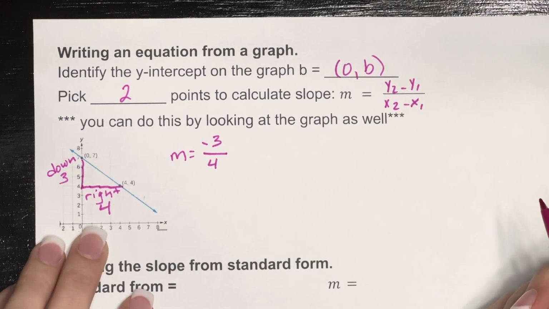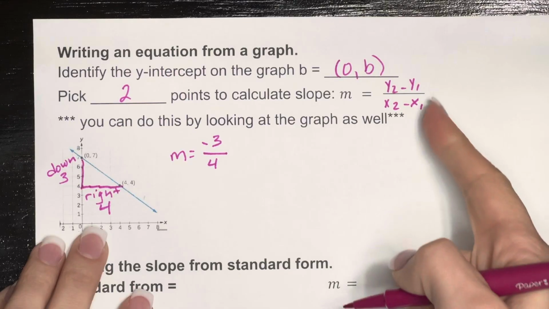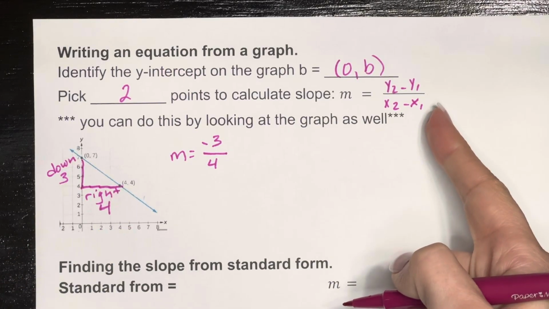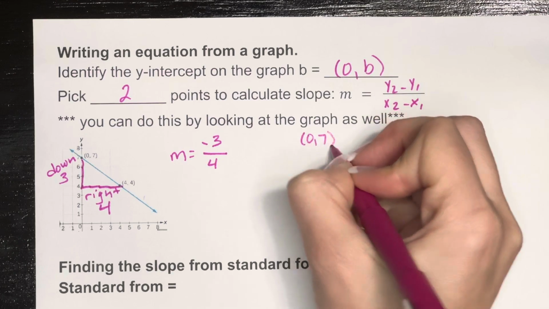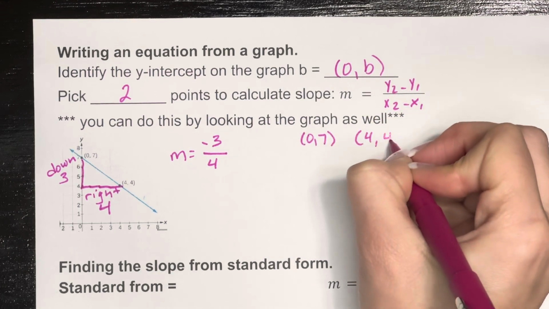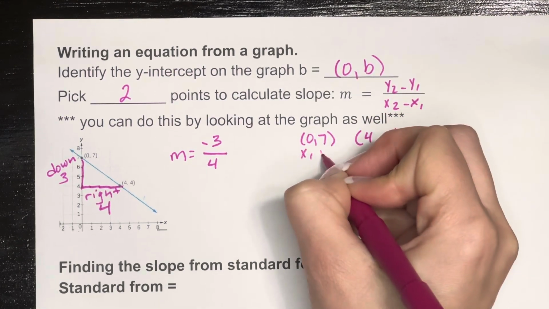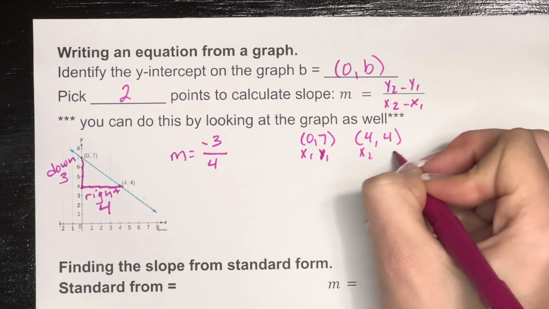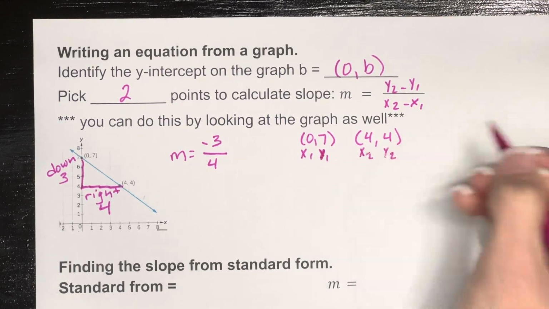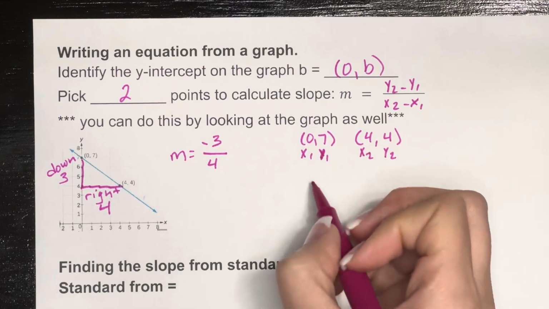Okay, if that confuses you, you can just use our 2 points that we picked to find the slope. So I would have (0, 7) and (4, 4). My x1, oops, that should be y1, x2, y2. Write my equation.